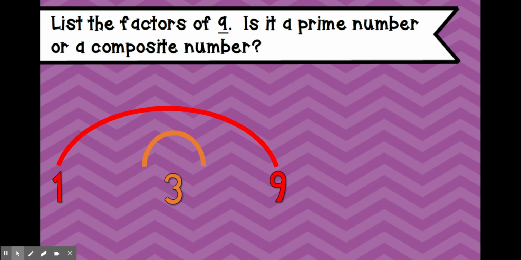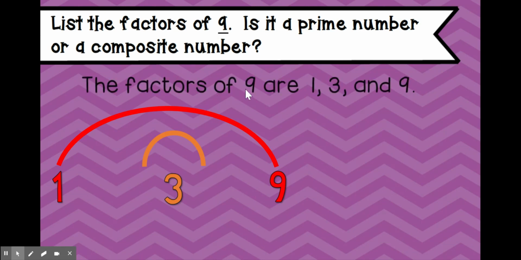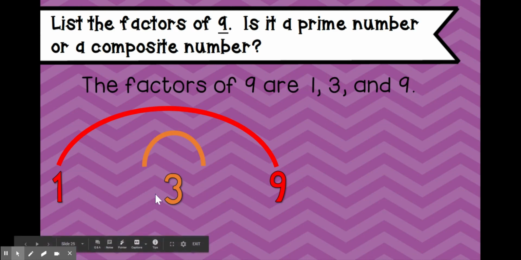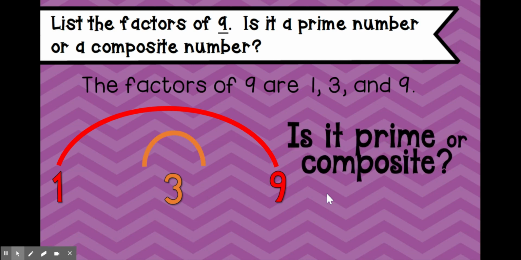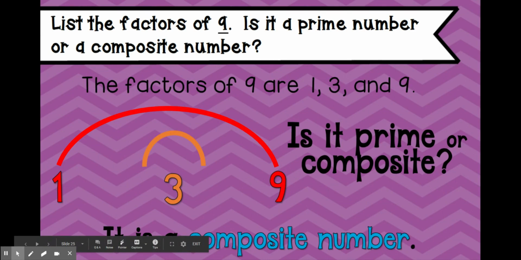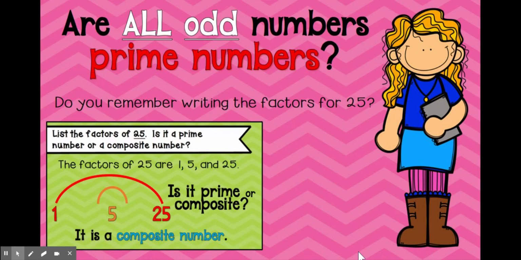How about 3? 3 is a factor of 9 because 3 times 3 equals 9. So the factors of 9 are 1, 3, and 9. So that is 1, 2, 3. It has 3 factors. Is it prime or composite? It is a composite number because it has more than 2 factors.